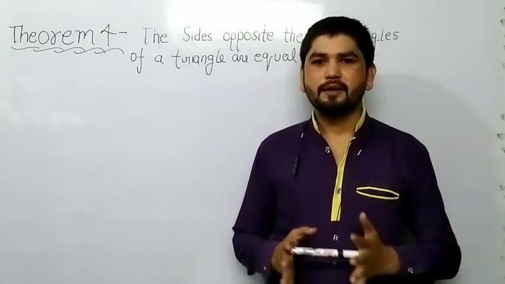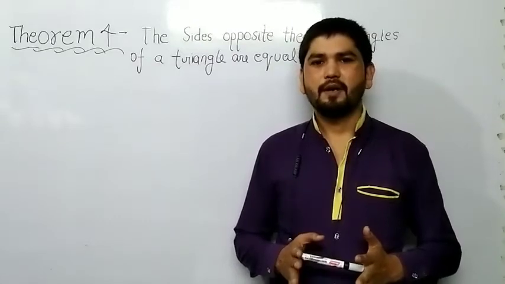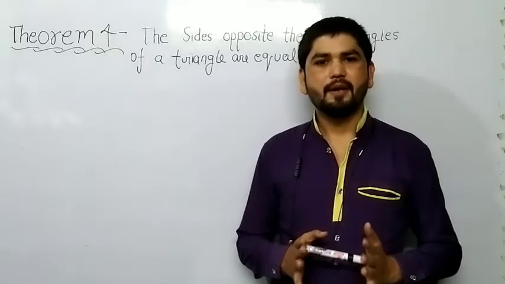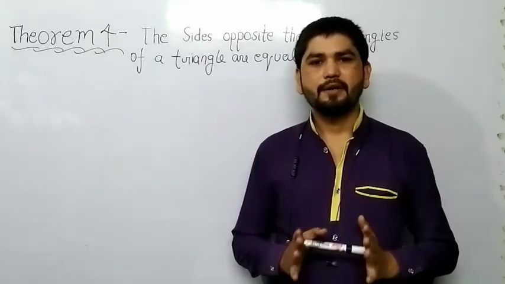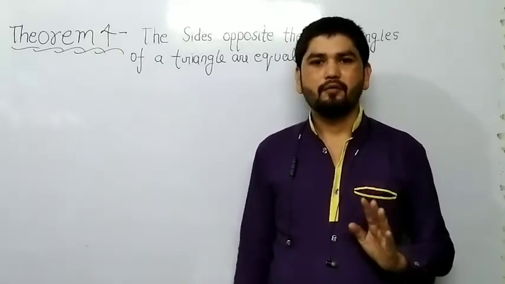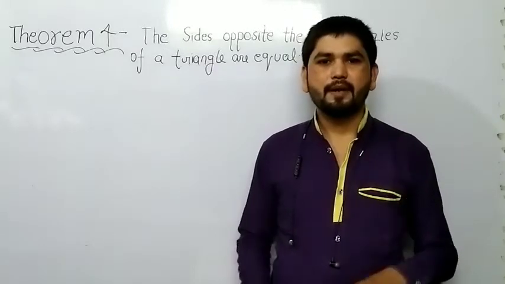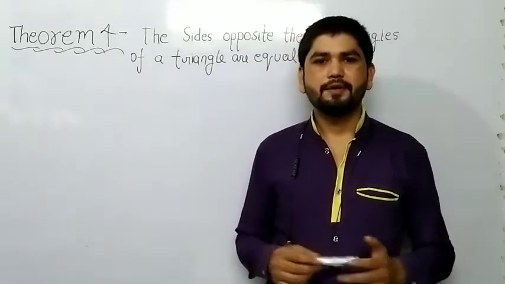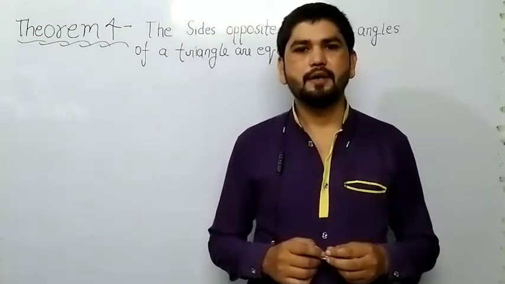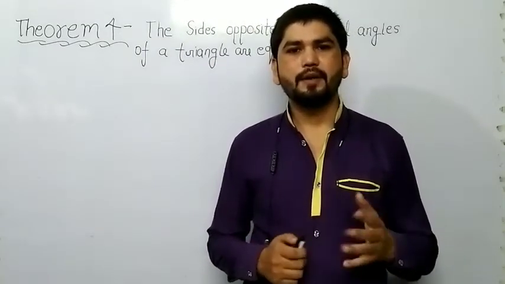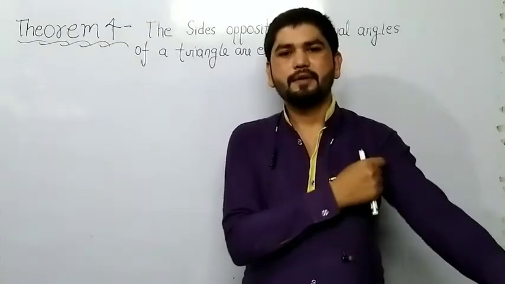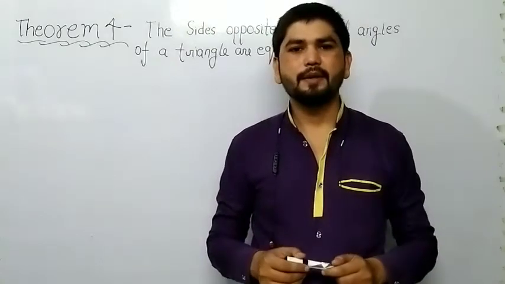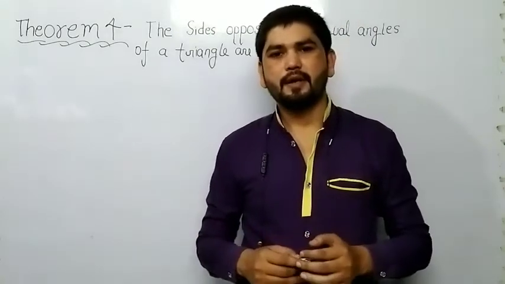Now I'm here with the new video, the next part of the chapter Triangle. In the previous part, we have already studied what a triangle is, types of triangles, their properties, congruency, criteria of congruency, and after that we learned in the previous video theorems, those are the properties of the isosceles triangle.